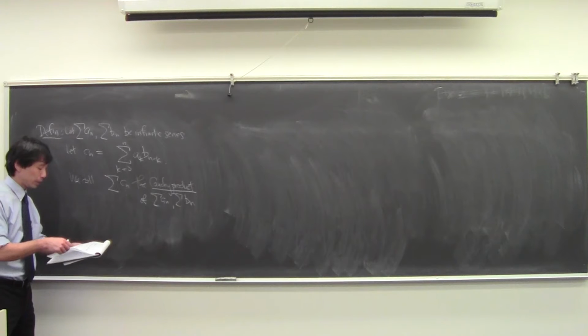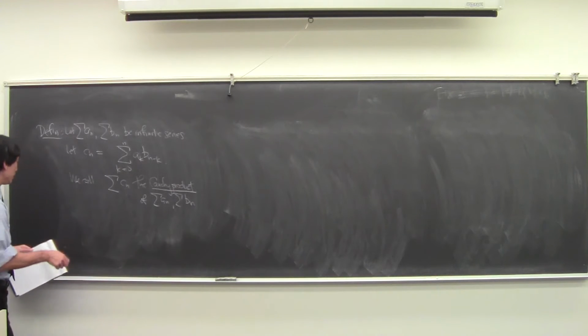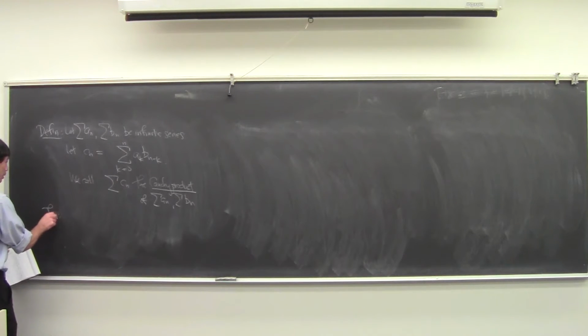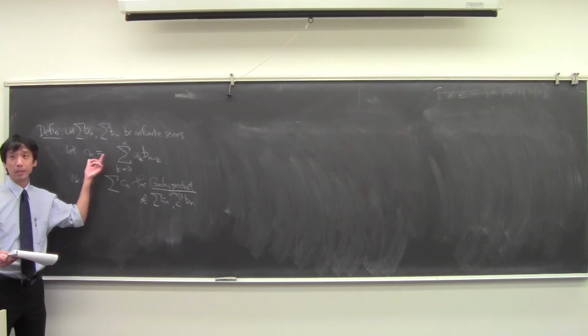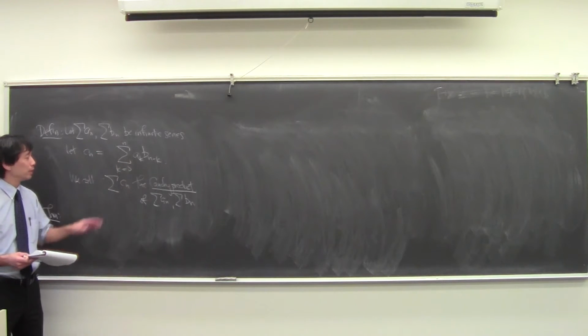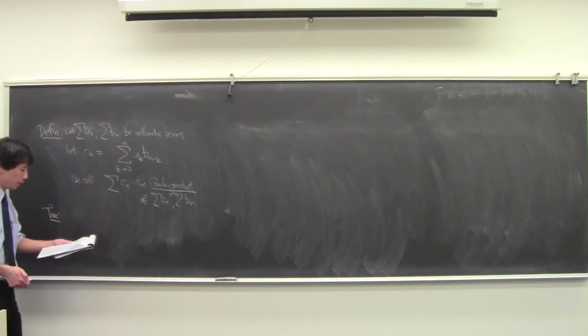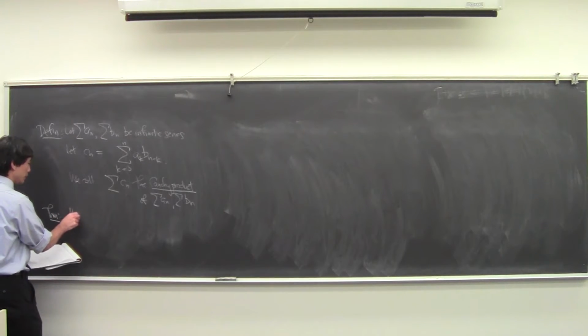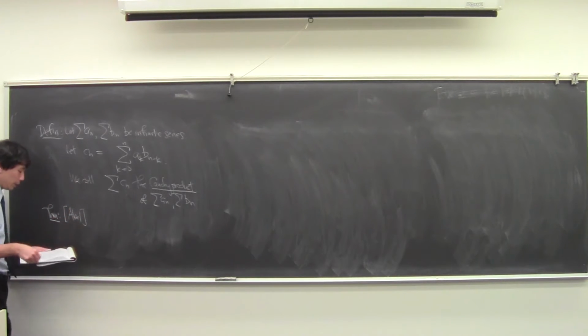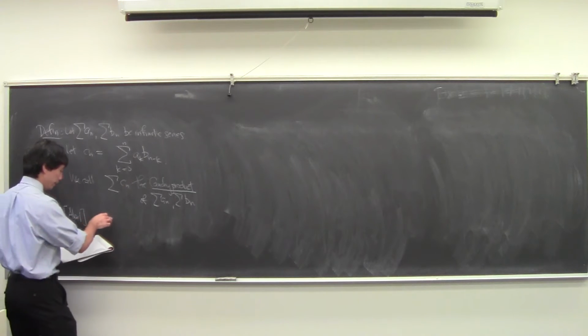And there's a result that we're not going to prove. Why do we care about this thing, the Cauchy product? It seems kind of a strange thing, but here's the ultimate theorem about the Cauchy product.